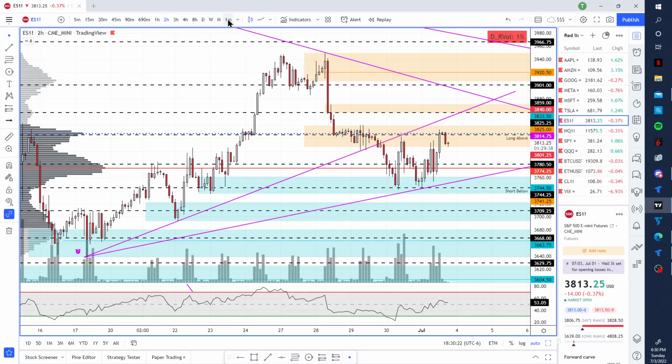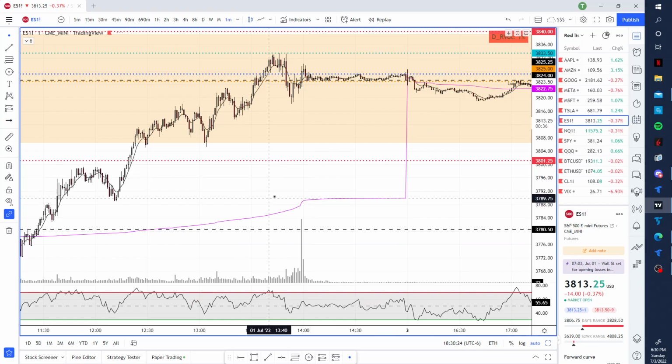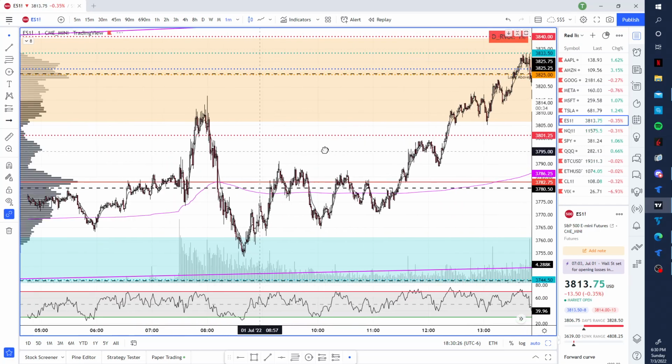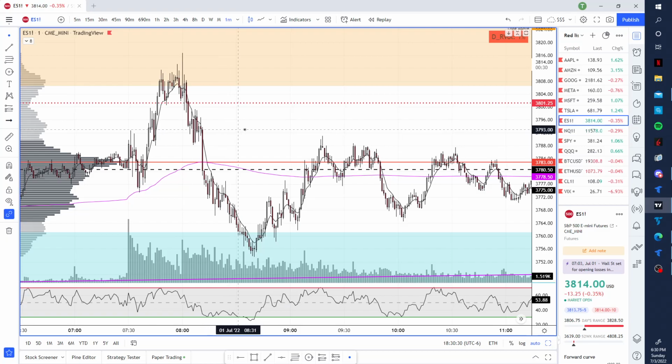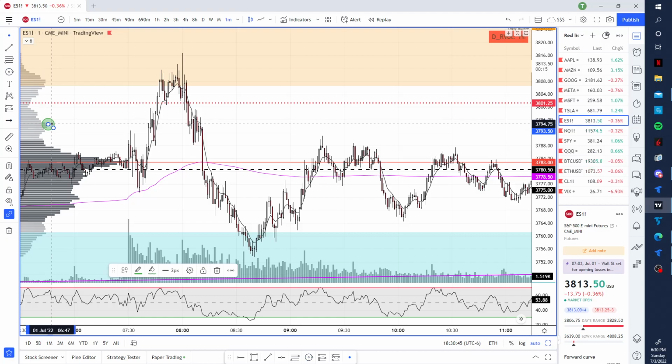Let me see. If we go to the 1 minute on Friday, I'm really curious. This is the 1 minute. You get your point of control at 37.83, but the next volume area is at like 37.94.